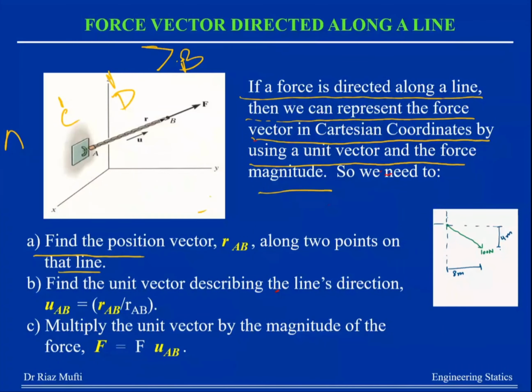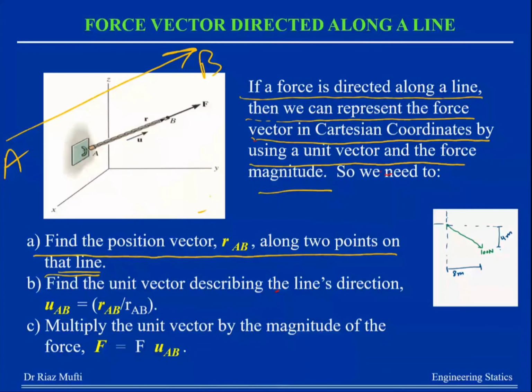Find the position vector AB along 2 points on the line. On this line you find the position vector. Let me explain again. So position vector AB and position vector AC, is that the same? No, it's different.